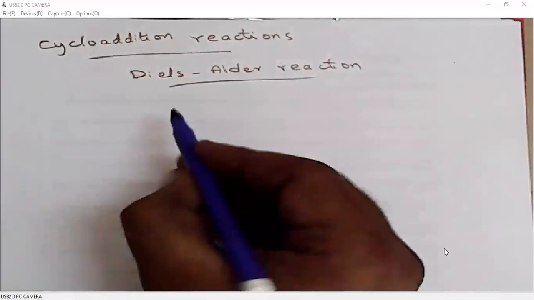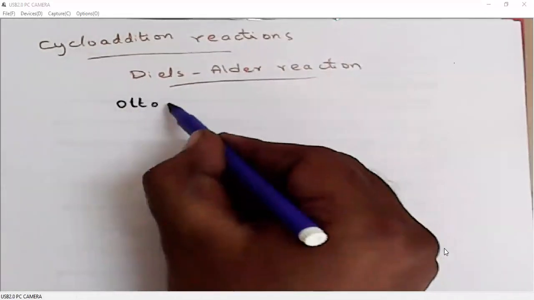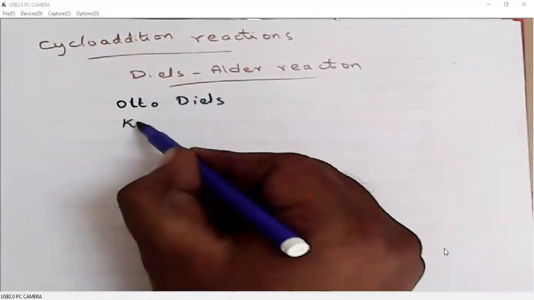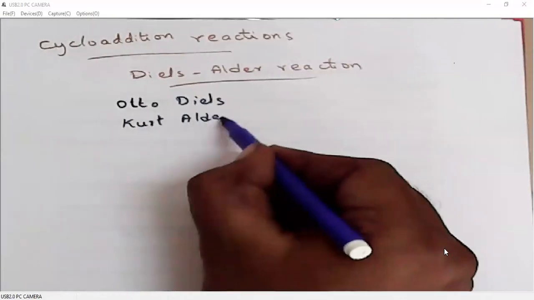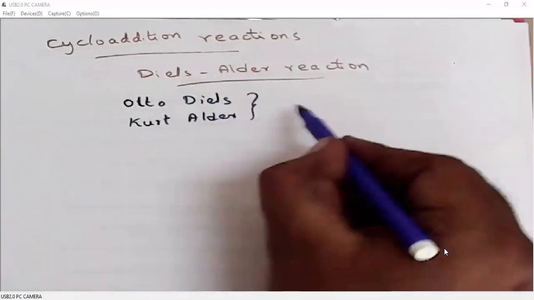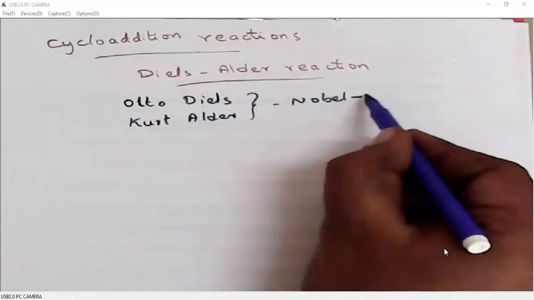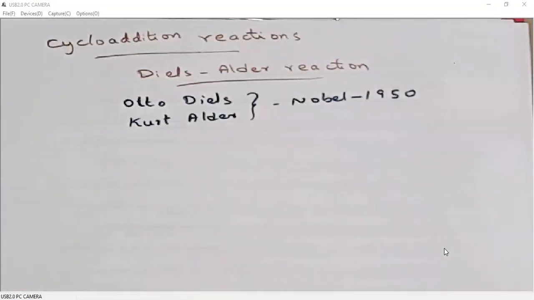It was discovered by Otto Diels and Kurt Alder. So they won the Chemistry Nobel Prize in 1950 for this noble reaction. What is a Diels-Alder reaction?